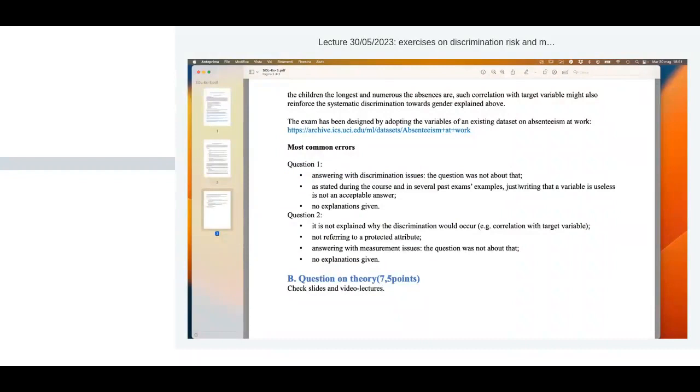So the variable is there. Demographic data is there. If the question is about measurement issues, you should stick to the question. Or GDPR, fine, but this is not the part of the exam on GDPR. I didn't ask about general ethical issues, and then I could accept observations on whether it is legitimate to track this information. I asked only about measurement issues.